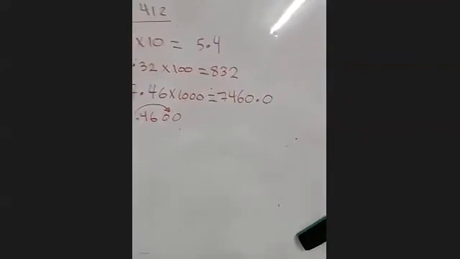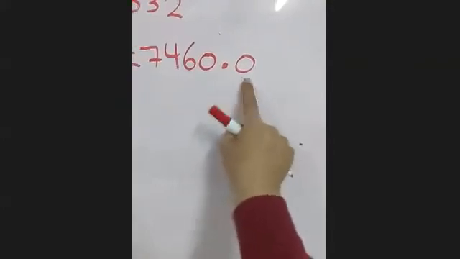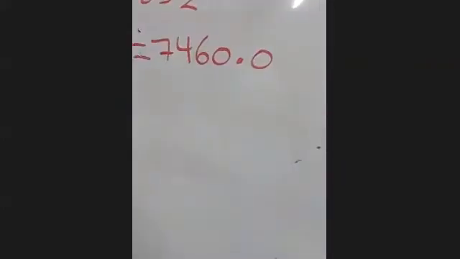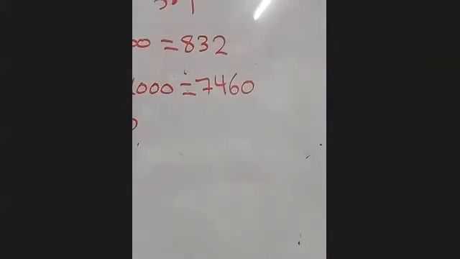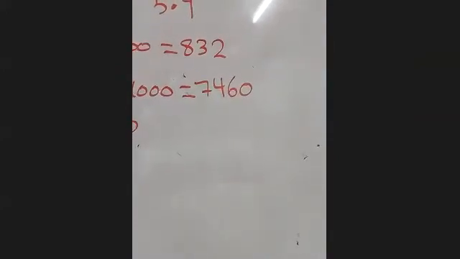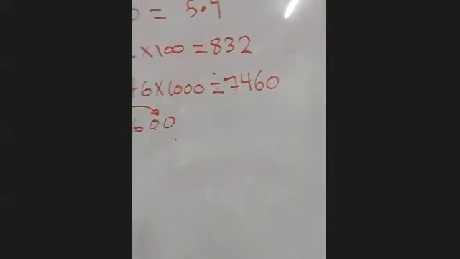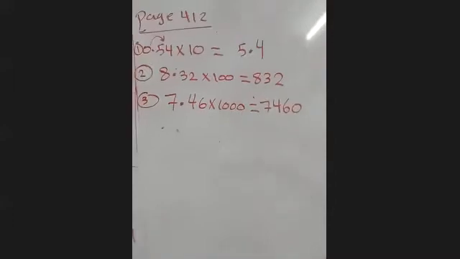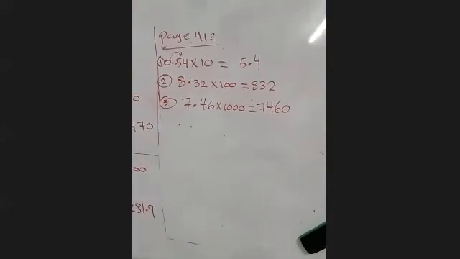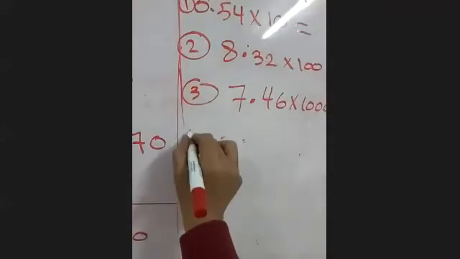Now, do we need this decimal 0? No. Erase it. So what's the answer? 7,460. Do you understand it? Yes. Good boy. Question 4, the next page.